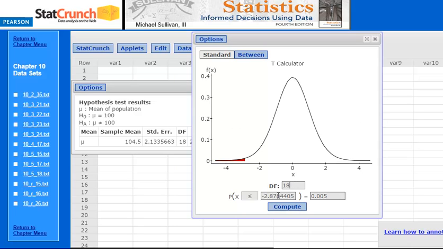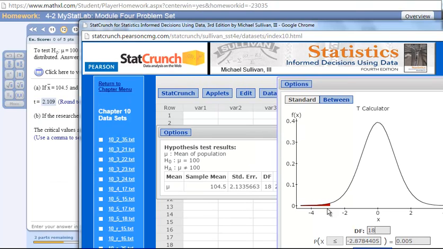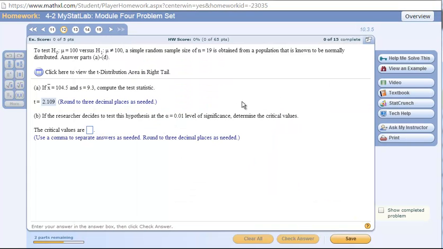This would be the critical value, negative 2.878. That would be the cutoff where you would reject if you were further away from the mean than that.